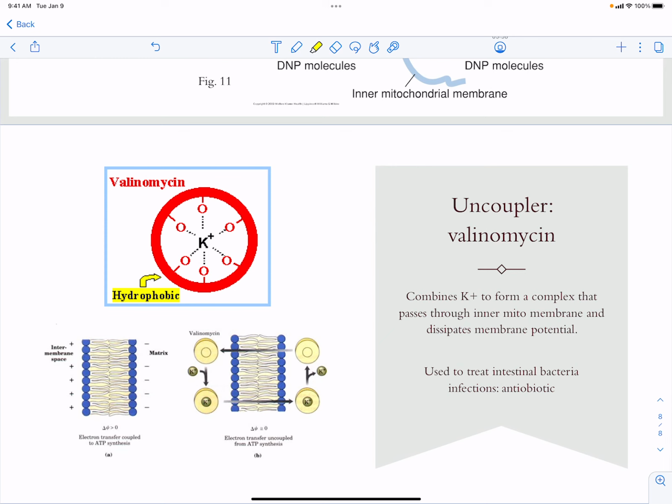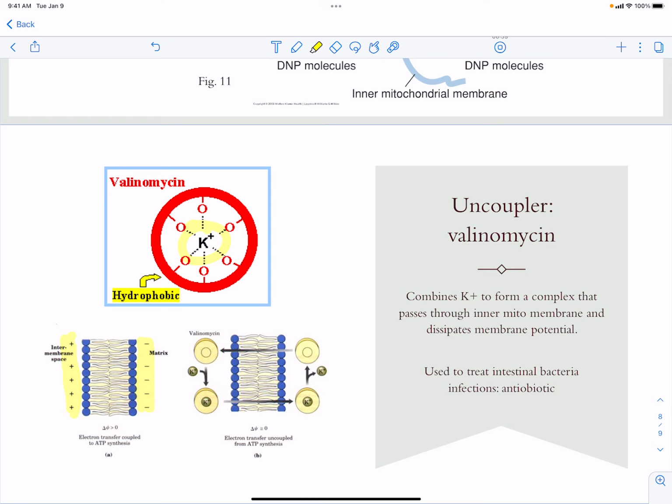Now, another uncoupler is valinomycin. So valinomycin is going to have potassium. So it has a hydrophobic core with a potassium center. So in this case, it's not necessarily bringing across hydrogen. Instead, it's bringing across another positive ion, potassium. So in this case, you have your intermembrane space, which has high levels of positive charges, and your matrix has high levels of negative charges, and this creates the proton motive force to generate ATP by bringing the positive hydrogen into the matrix.